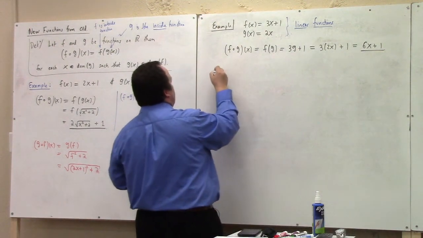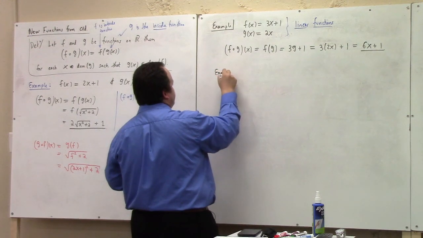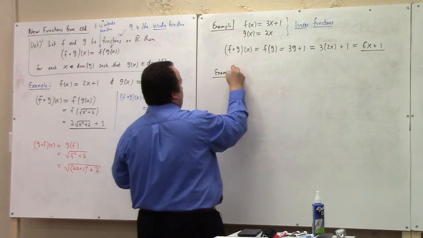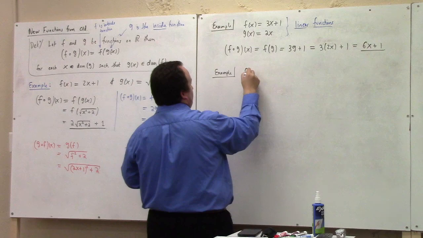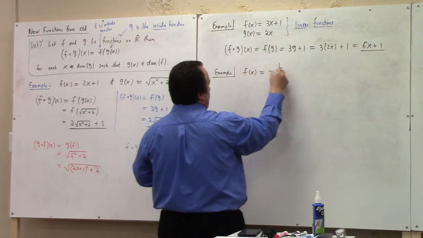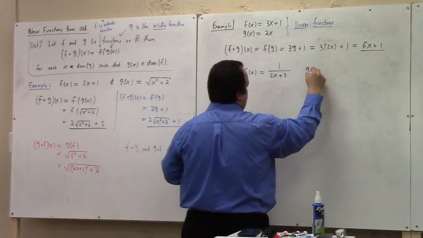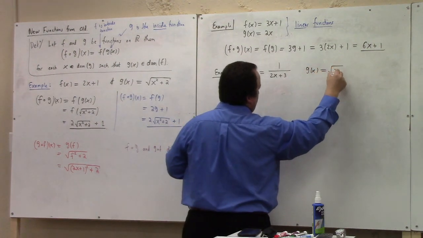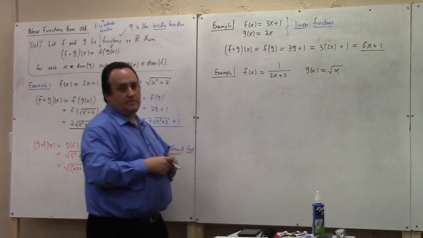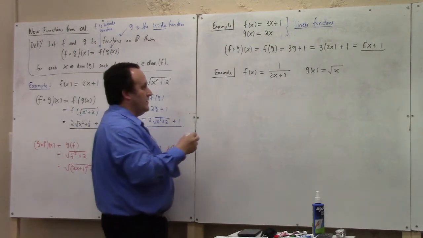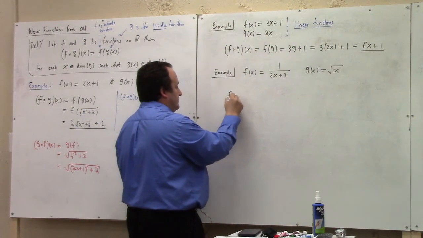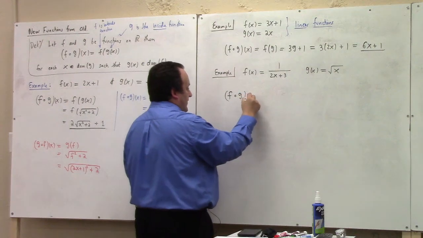All right, let's look at an example. We've got some fractions in it. f of x is 1 over 2x plus 3, and g of x, we'll keep it relatively simple, square root of x. All right. So f composed with g of x, what's that equal to?